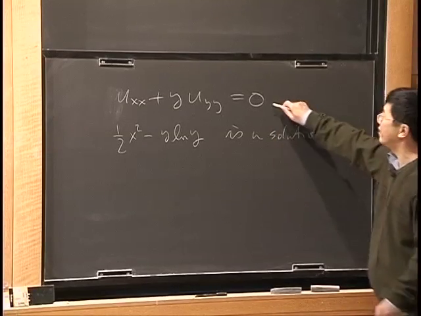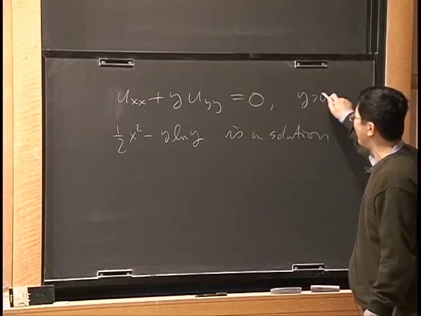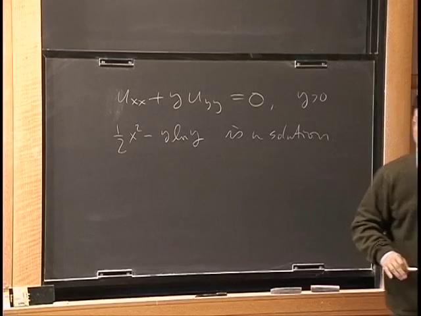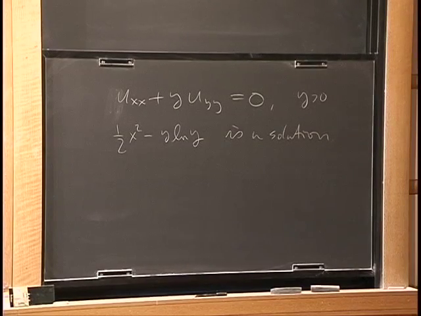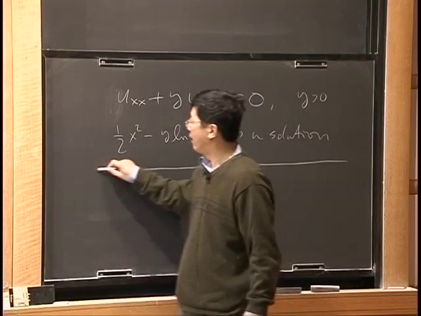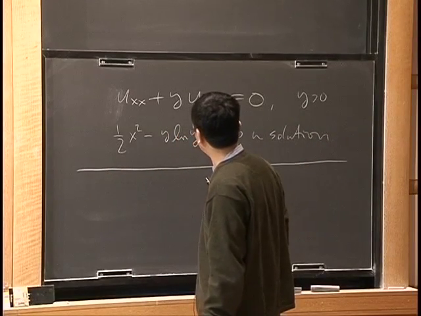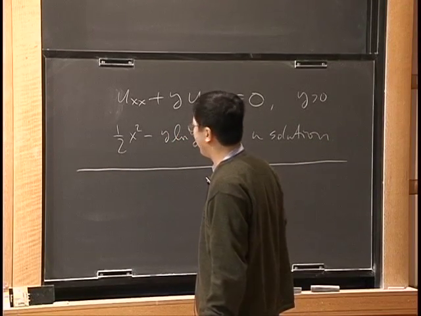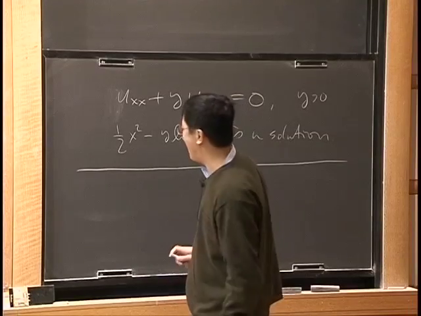I mean, at least say y bigger than 0, this is elliptic. It's a nice looking equation. The coefficient is analytic and everything is nice, but you have these kinds of bizarre solutions.